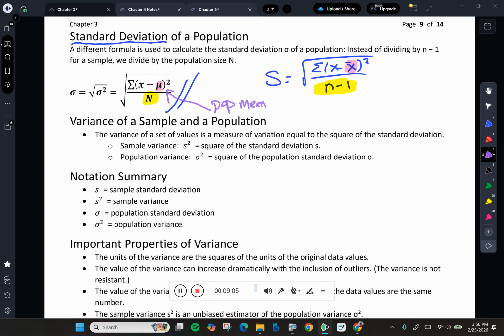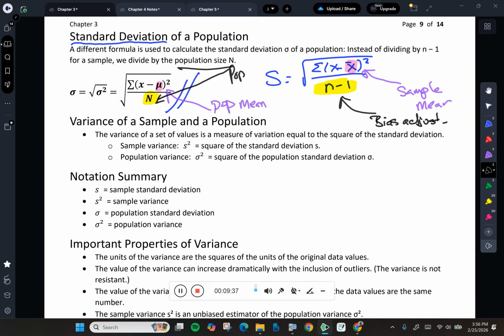If you have sample data, you would have the sample mean, and that's why we've got the sample mean there. If you have population data, you would know the actual size of the population there. If you have sample data, you always use n-1 because it helps adjust for it being a biased estimator, so that is a bias adjustment.